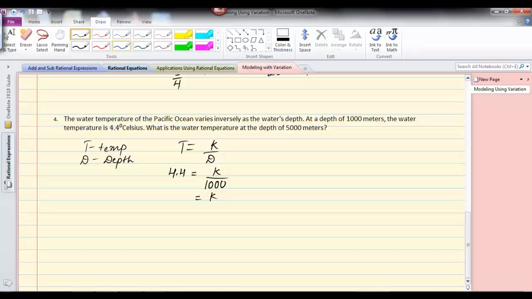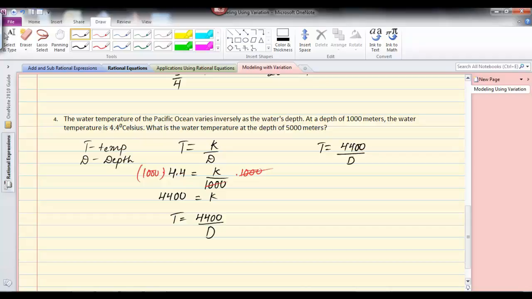You multiply both sides by 1,000, right? So what is that equal to? That is 4,400. So your equation now looks like T equals 4,400 over D.